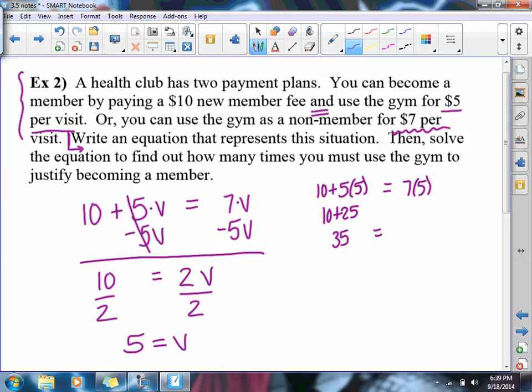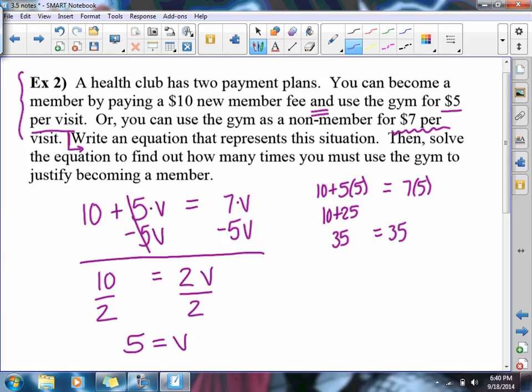Well, that's 35. Okay, so that means that if you visit the gym 5 times as a member, it's the same as visiting it 5 times as a non-member. Okay, so in order for the plan to become cheaper, you have to visit more than 5 times. Once you visit that sixth time, being a member is going to be cheaper.